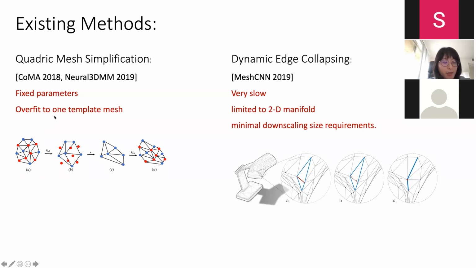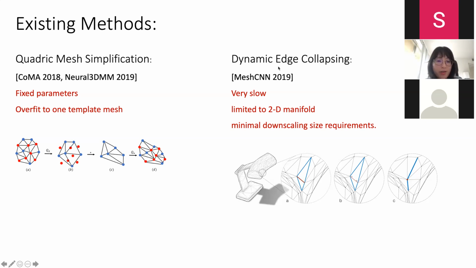Basically, from the whole training data set, they first pick one of them as the template, and based on the template, they do the quadric mesh simplification and get the weights for that specific template, and apply these weights for doing the mesh upsampling and downsampling for the whole training set. So you can see that this method is overfitted to just one template mesh.